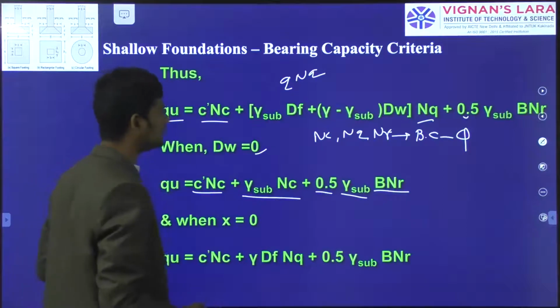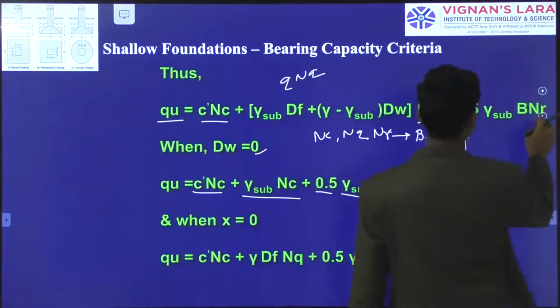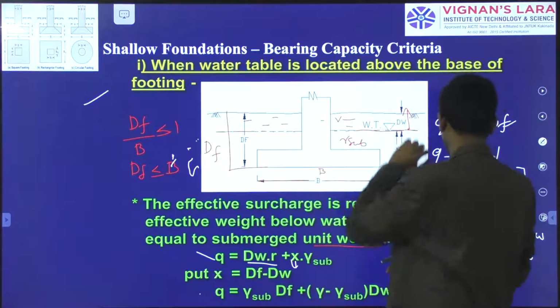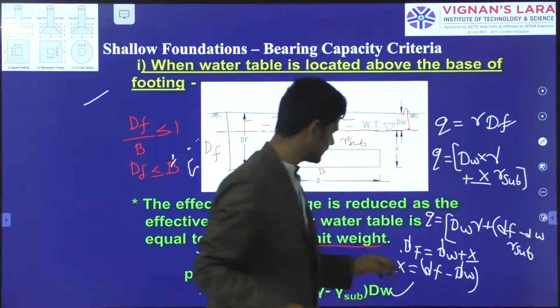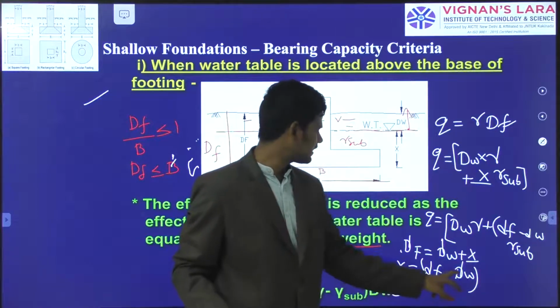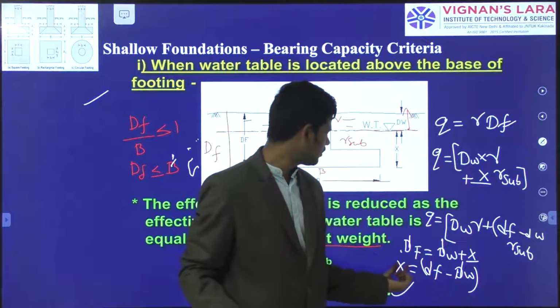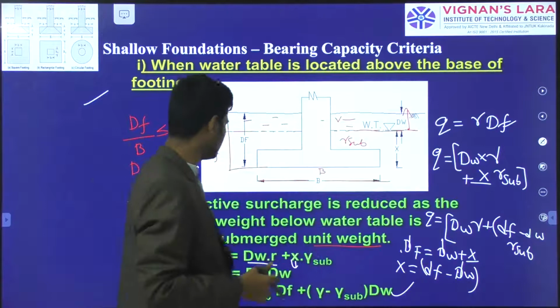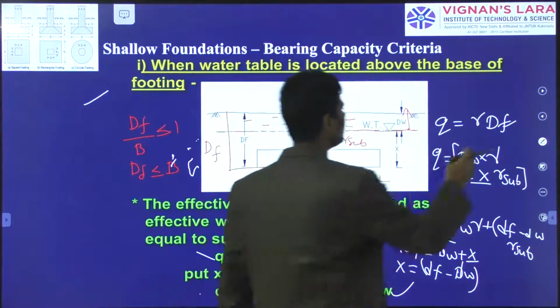Depth of water table equal to 0 means that the x value, x equal to df minus dw, becomes df when dw equals 0. In that situation we substitute the x value.